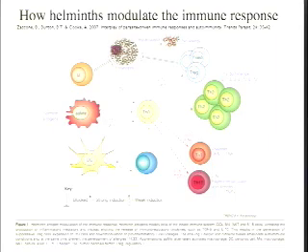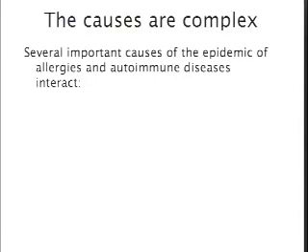The purpose of putting this up here is also to indicate that if you go to some recent reviews by Ann Cook's group at the medical school in Cambridge University, you can pick up a lot of background information on this if you're interested. So the purpose of the slide is not to really give you a lot of details, just to show you that some of the detail is known and it can be looked up. So the causes are pretty complex.